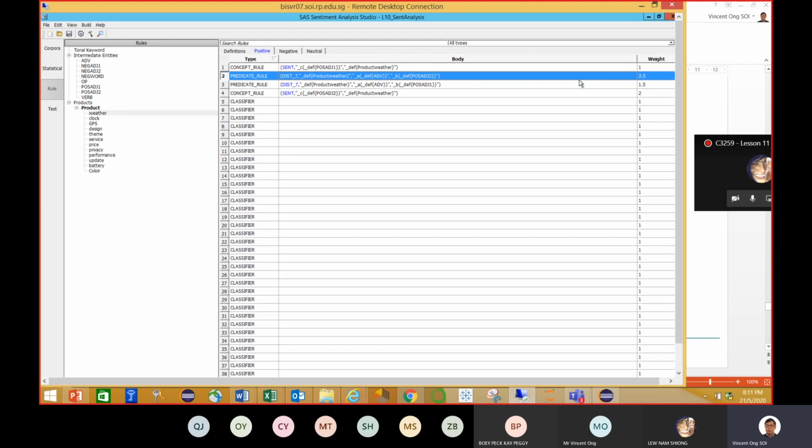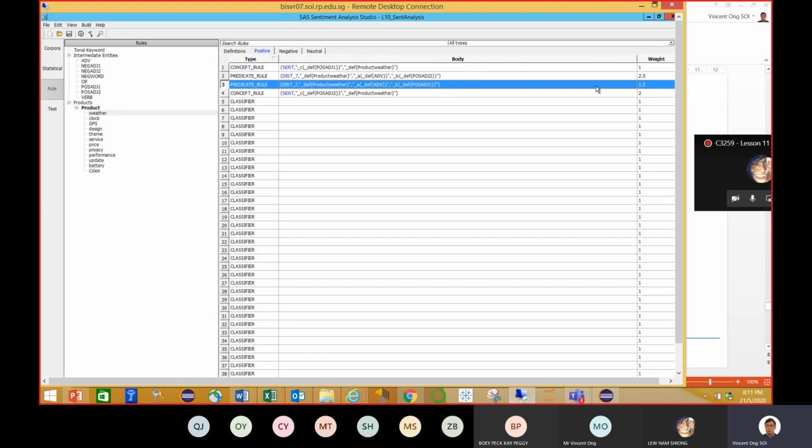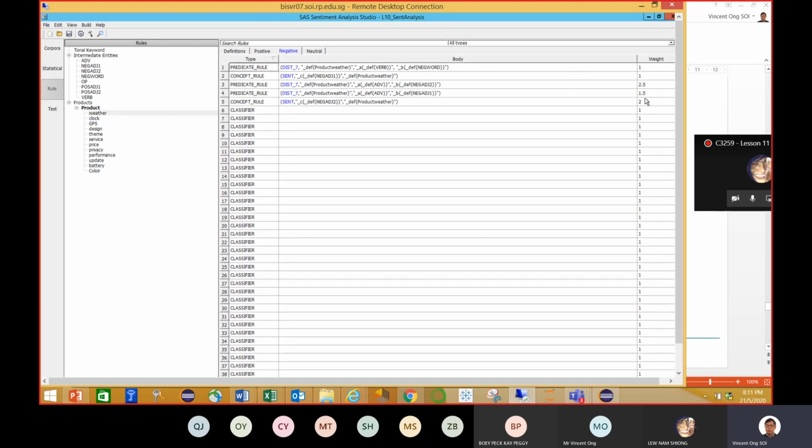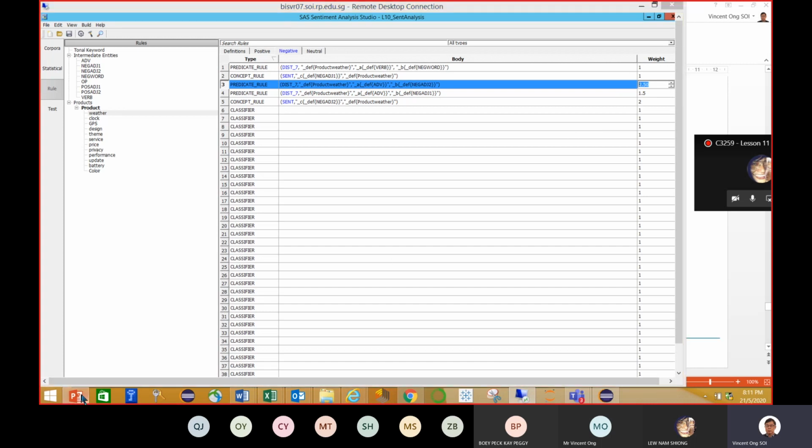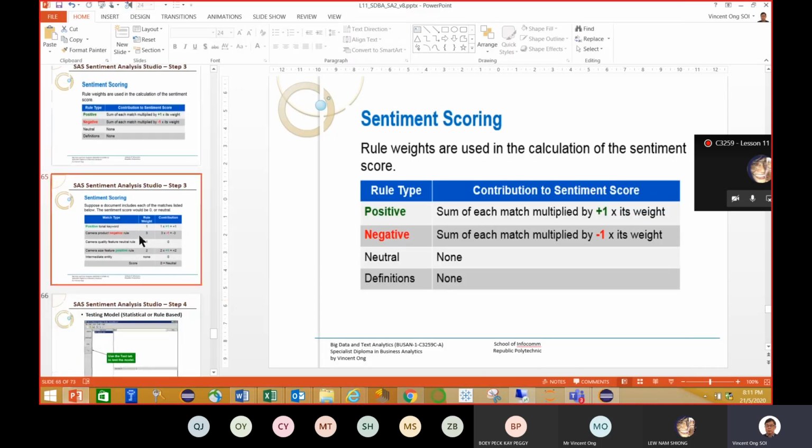If you encounter a match for that sentence, then for positive you multiply by 1.5, or for negative, you multiply by 5 for this one. So this is how it's being calculated.